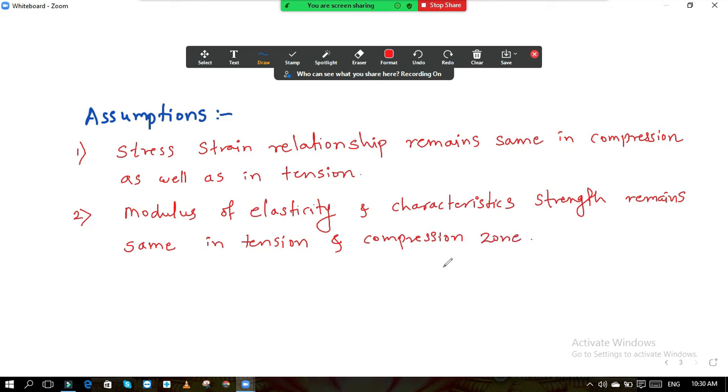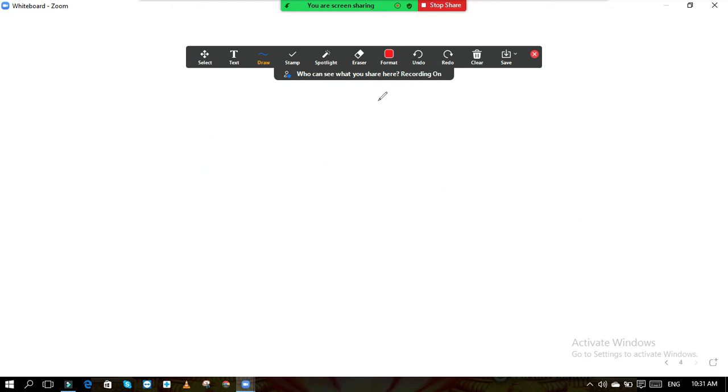Okay, so these are the two predominant assumptions. We can say that the stress strain relationship remains the same in compression as well as in tension, and the modulus of elasticity and the characteristic strength remain the same in tension as well as in compression. Okay, so now we will move into the details of this section.